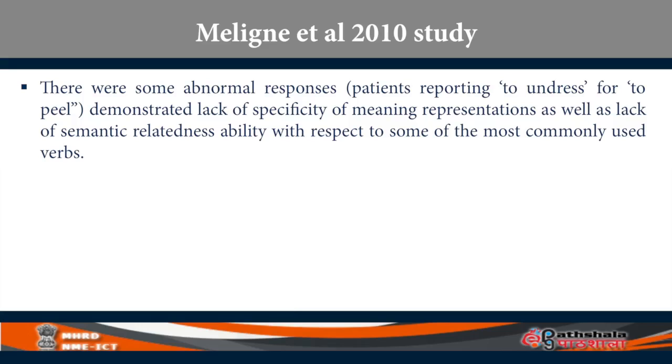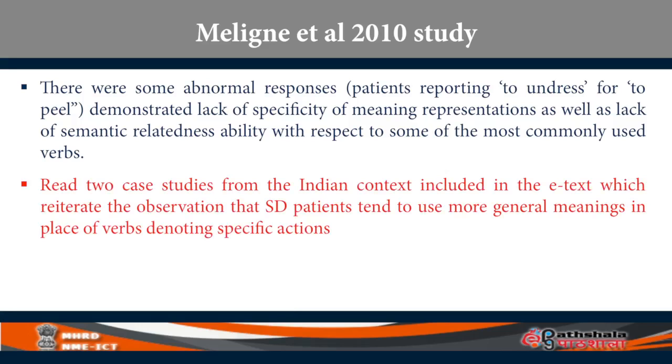I have also described 2 case studies from the Indian context, Telugu I think, in the e-text, which reiterates this idea of how semantic dementia obliterates one's ability to use specific verbs. They are able to use general verbs but not specific verbs.